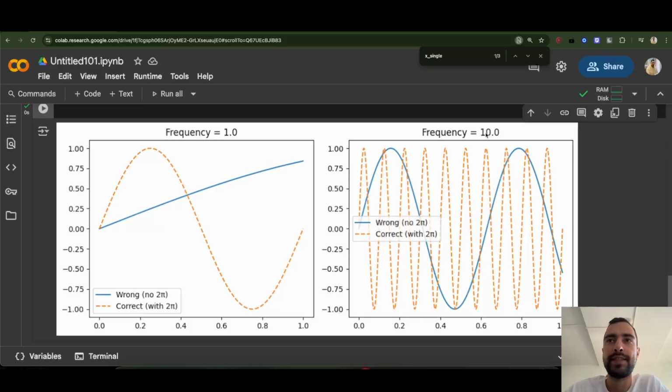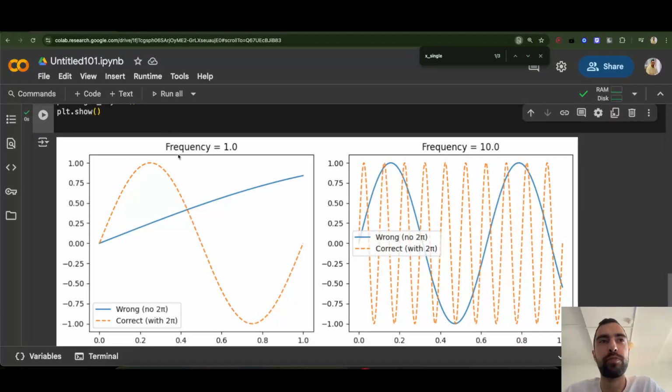So this is the number of cycles, but this is the problem. The frequency itself does not have the full cycle. The blue line is the frequency. So we need to convert this frequency into this sine wave, into radians. So that's why we multiply by 2 pi.